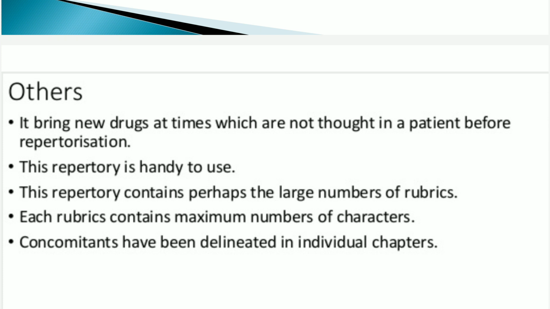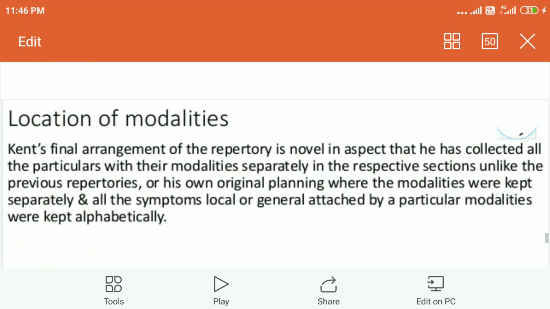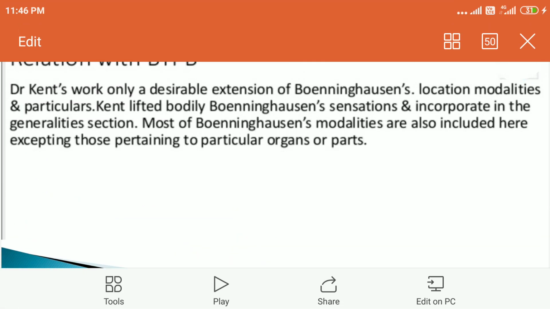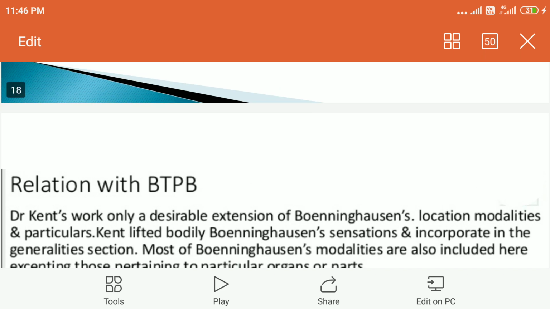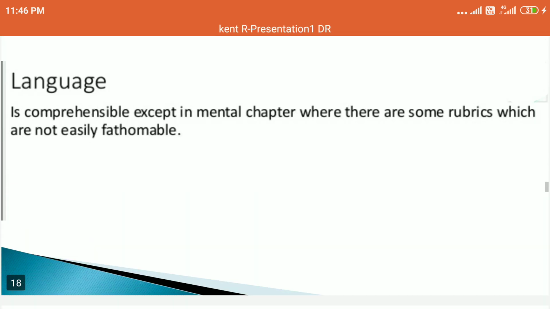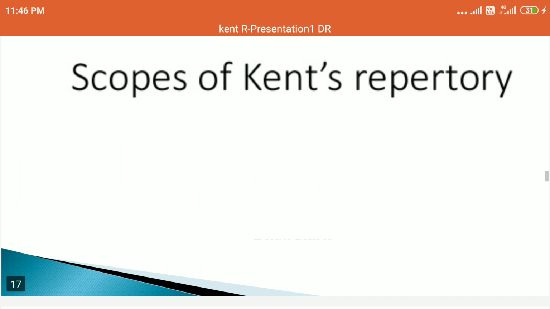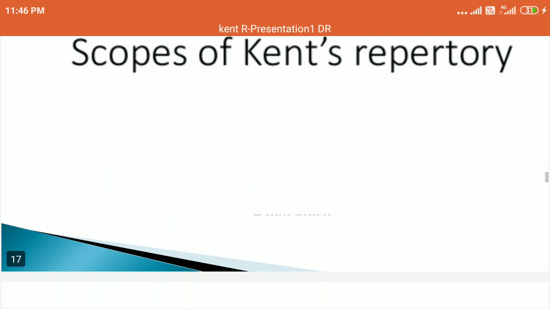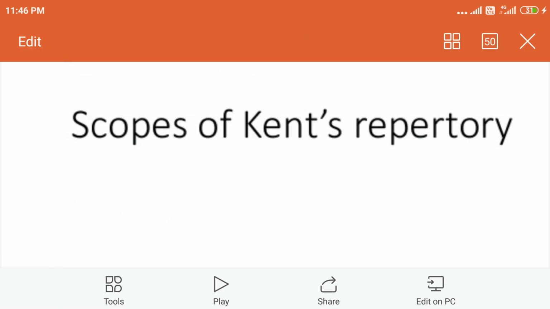So once we revise scope of Kent repertory, first, special features of Kent repertory, that is, this repertory is based on the philosophy of general to particular. It contains 648 medicines. Then it has 3 gradations: bold, 3 mark, italic 2 mark, and Roman 1 mark.